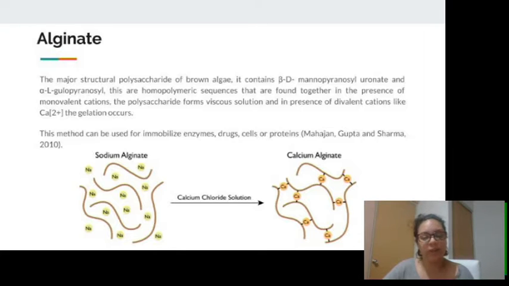This hardens the spheres that entrap the enzymes, and this permits the flux between the substrate and the active site of the enzyme. So this is the principal method that we are going to use for this enzyme immobilization of alpha-amylase.